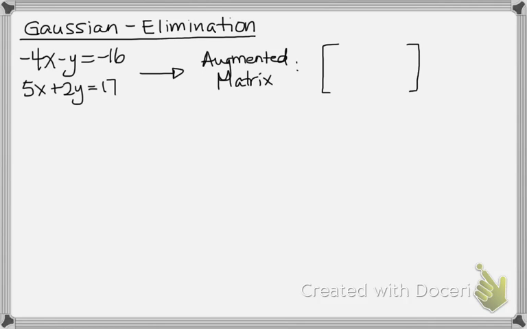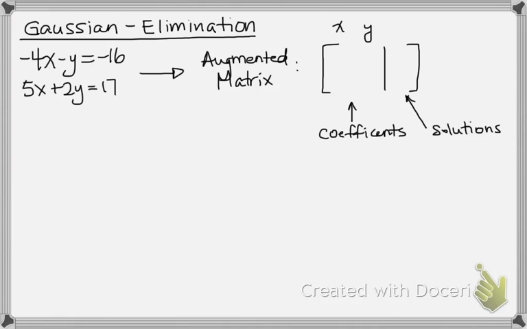And you'll have what we call the coefficients side of the matrix, and you'll have what we call the solutions side of the matrix. The coefficients are in 2 rows based on the x variables and the y variables.